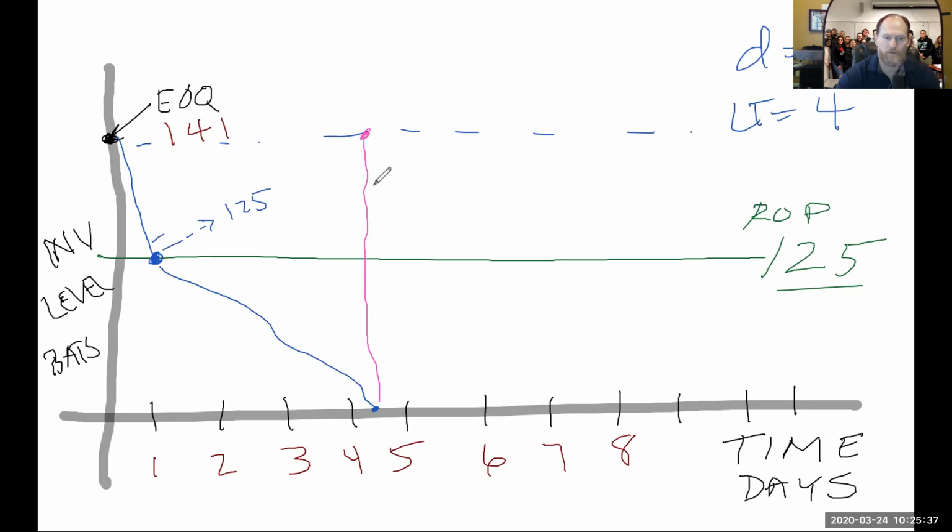That's one of the assumptions of the EOQ model, meaning as soon as it arrives, it goes right into stock. In reality, this might not happen that way. It might have some delay time before it's available to customers. But under EOQ, it goes right back into stock. And then we pick right back up with our depletion line again. It's going to follow the same pattern as before, and we're going to hit the axis somewhere out in here.